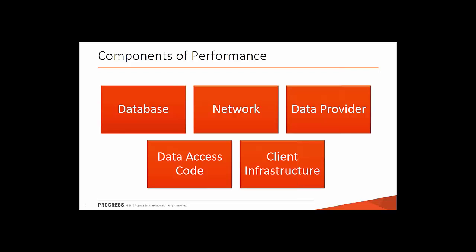And of course client infrastructure. Similar to resource levels on the database server, your clients need to have good resource levels, because there are some operations that happen on the local CPU when the data provider gets the data back, or even when it is doing the connection. So resource levels are also important when it comes to performance.